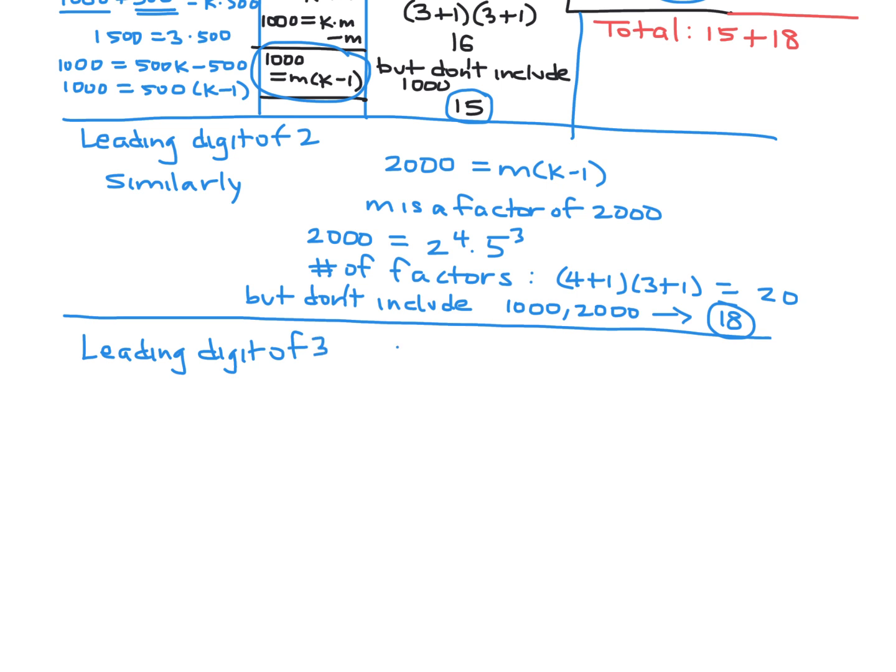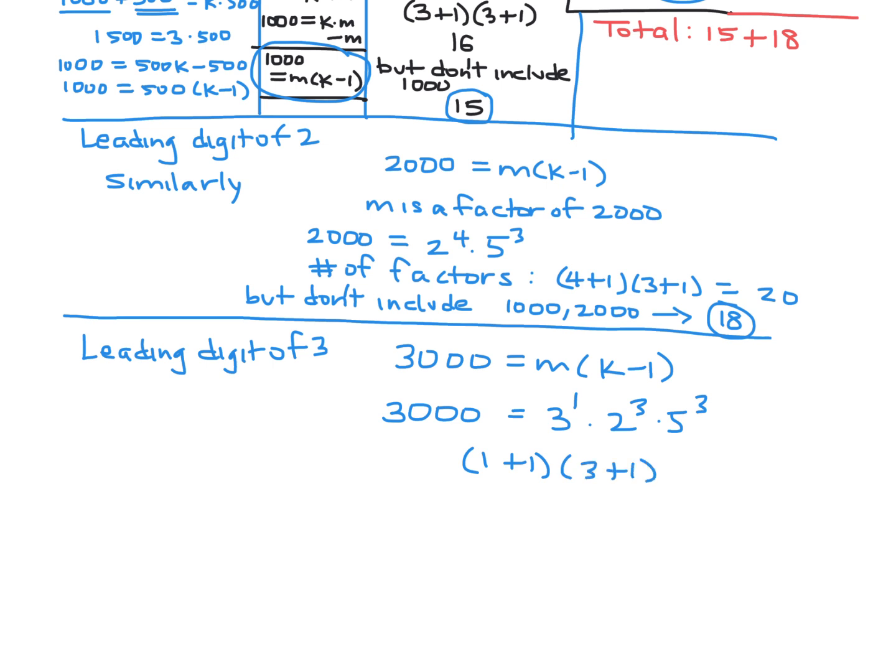Okay, so same thing now. 3,000 is equal to m times k minus 1. And 3,000 is what? Is it 3 to the power of 1, 2 to the power of 3, 5 to the power of 3. So this time the number of factors would be 1 plus 1 times 3 plus 1 times 3 plus 1. And that's what? 32? Yeah, 32. And then who do we have to get rid of here? We got to get rid of 1,000.